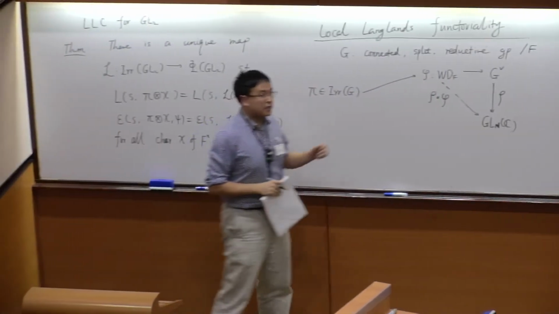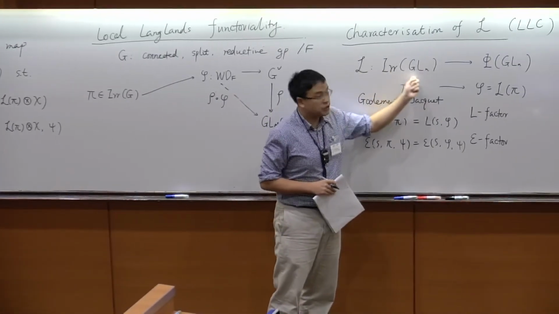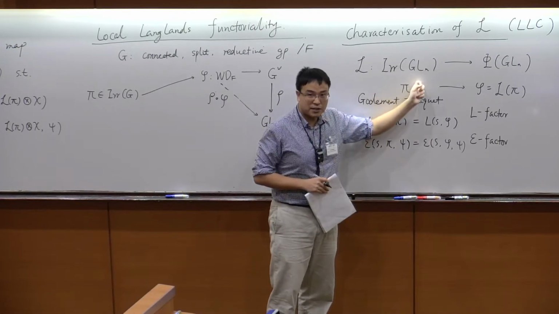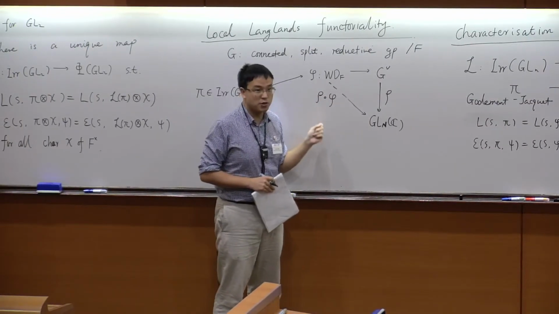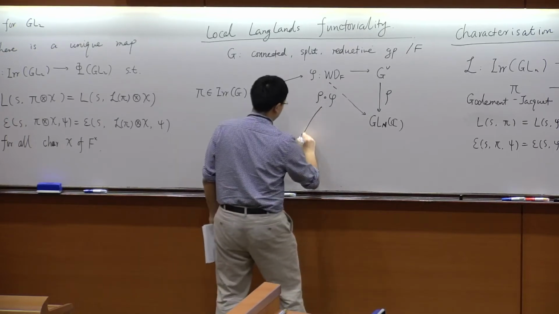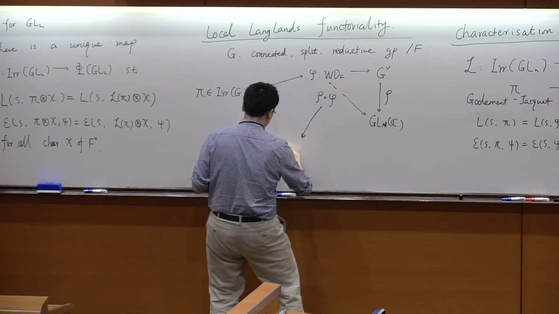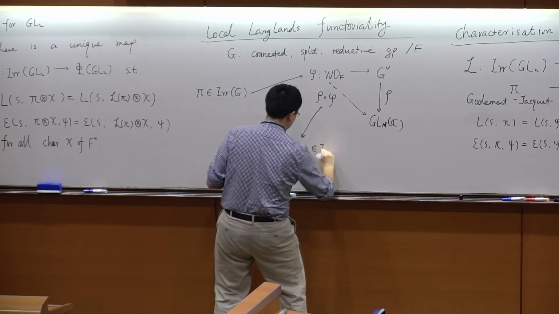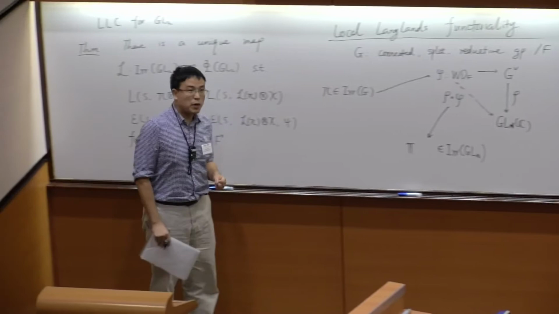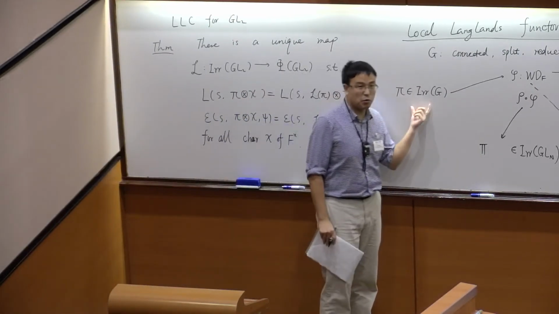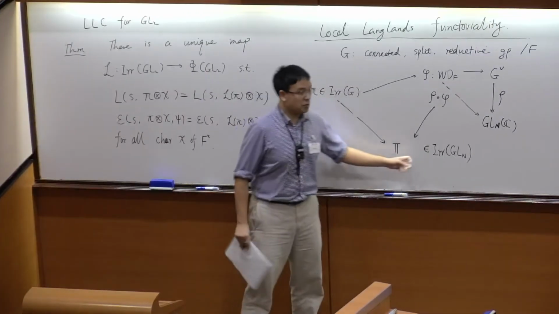Now we also have the local Langlands correspondence for GL_N, and this gives us a bijection. So if we have L-parameters for GL_N, we get a unique irreducible representation of GL_N. So we have a lifting map from the irreducible representations of the split reductive group to representations of GL_N.